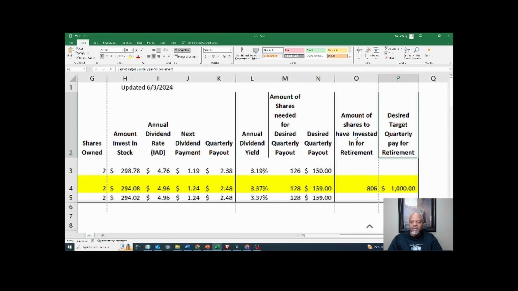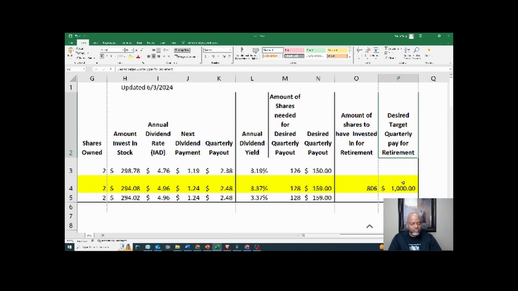So the amount of shares to have invested in for retirement to get $1,000, which is $250 per month, to get $250 per month over 4 months, 250, 250, 250, 250 gives you that 1,000. So that's what this equals out to.